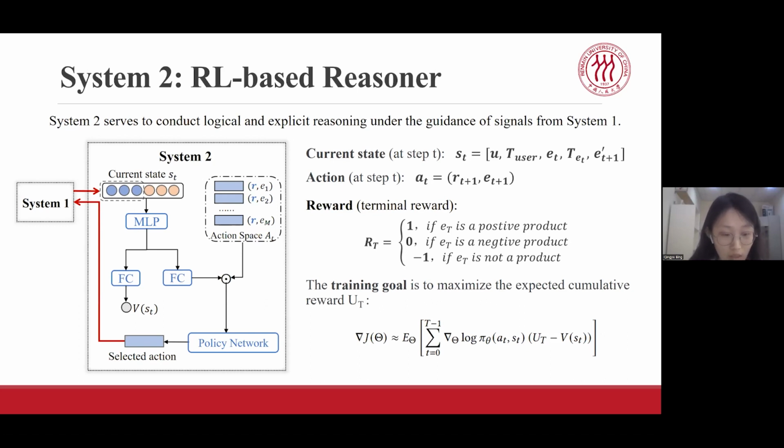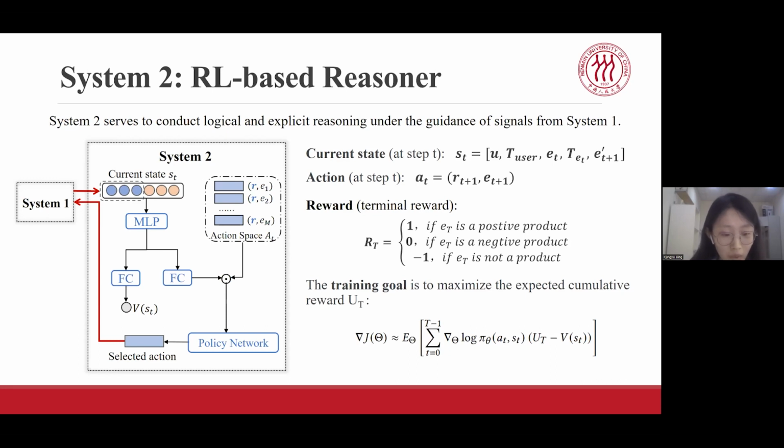Then the current state is defined as the concatenation of user embedding, the type embedding of the user entity, the embedding of the current entity, the type embedding of the current entity, and the estimated vector of the next hop entity. And the action is defined as the tuple of the next hop relation and next hop entity.